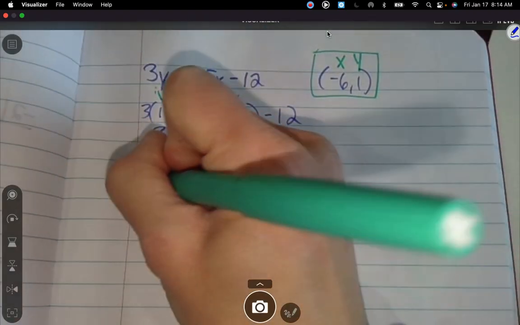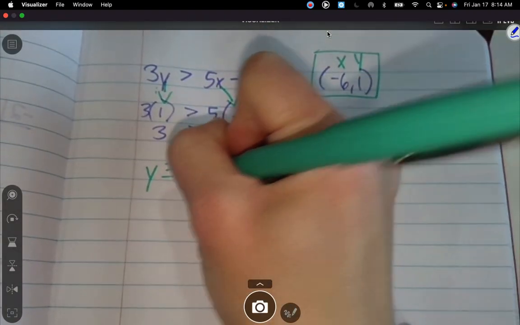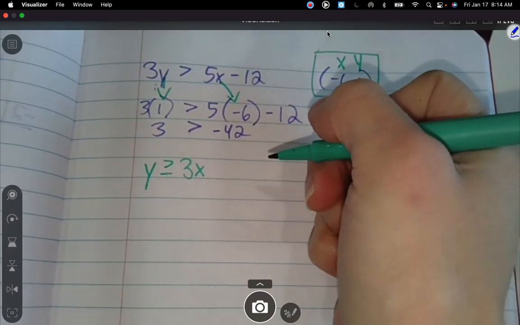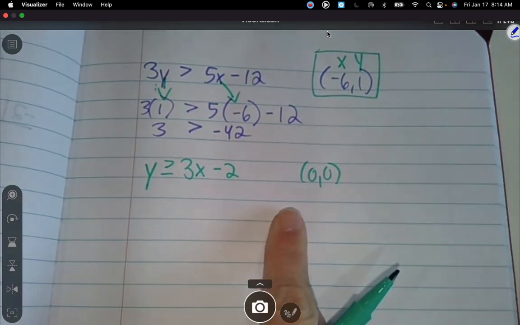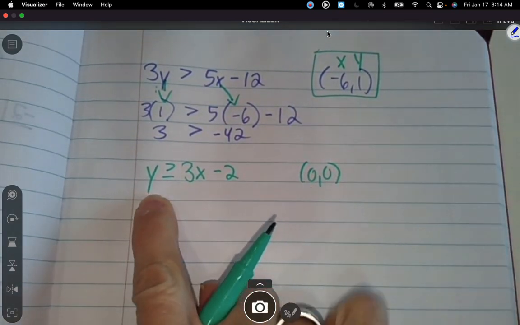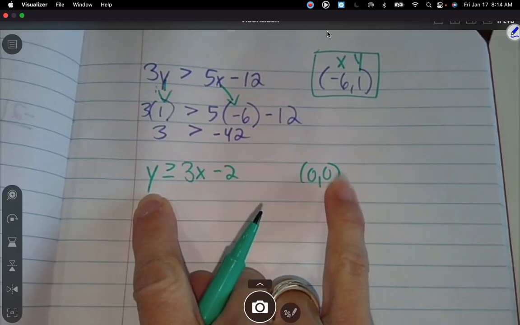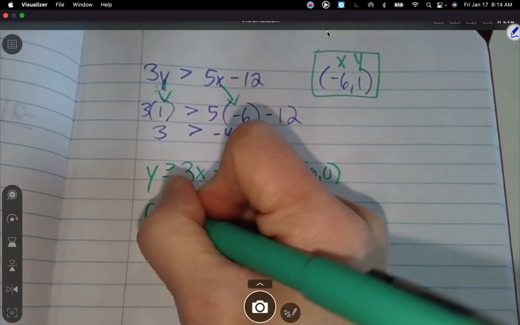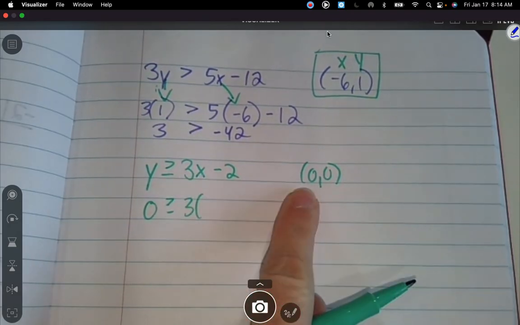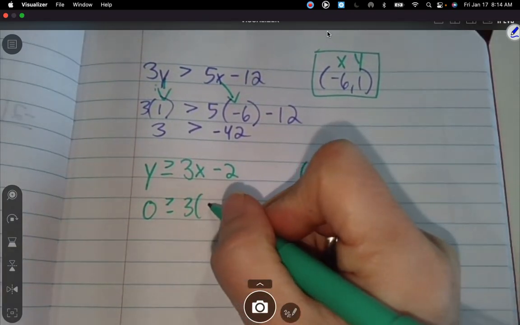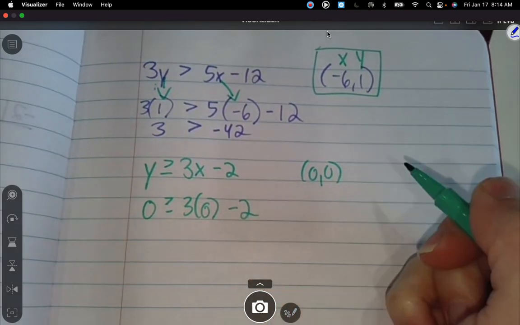y is greater than or equal to 3x minus 2. And it says, okay, is this a solution? So instead of writing y, what do I write? What's my y? 0. That number right there. All right, then I'll write down 3, and instead of writing times x, I'm going to write down that 0. And then I'll put minus 2.